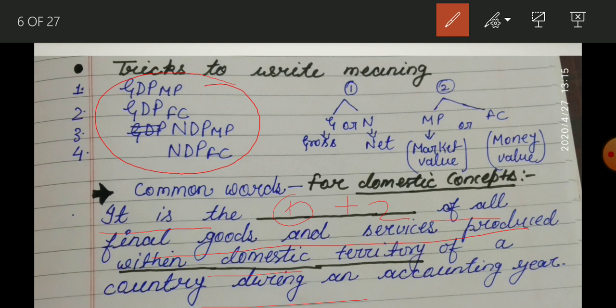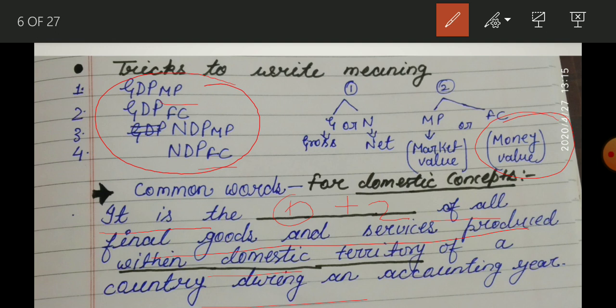At place 1 there will be G or N, where G stands for gross and N stands for net. For place 2, MP or FC: if MP is here, then we will write market value. If FC is here, then we will write money value. All other things are going to be the same in all four aggregates, just there will be change with the help of these 1 plus 2.